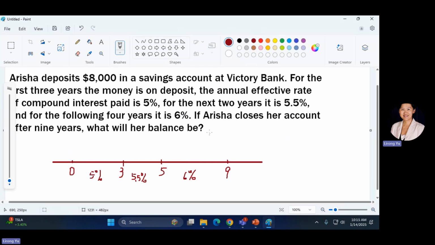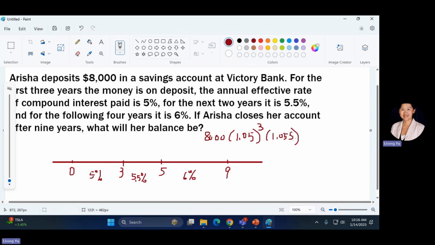All we have is $8,000 at the beginning, and we see how it's growing. The first 3 years is 5%, so 1.05 will be the growth factor. You raise it to the power 3 since it runs for 3 years. And after that is 1.055.